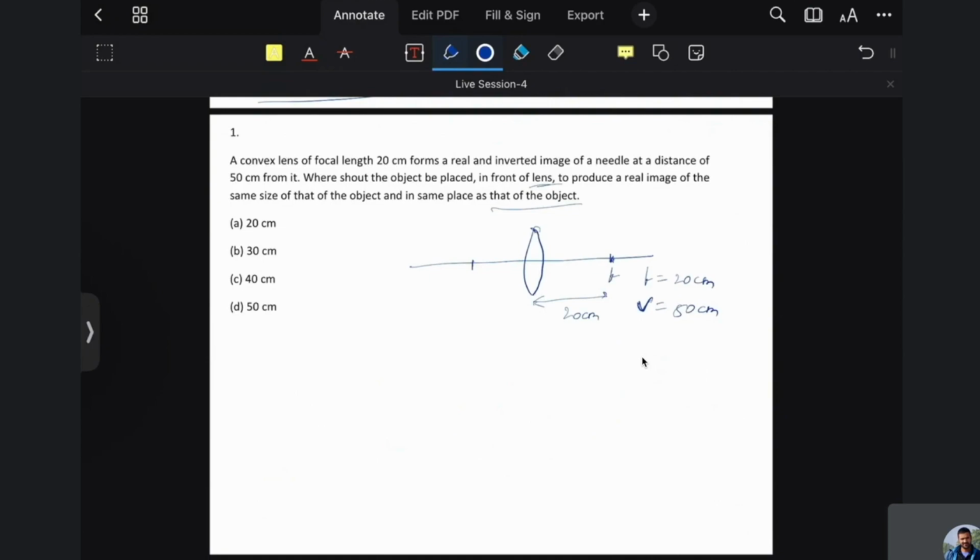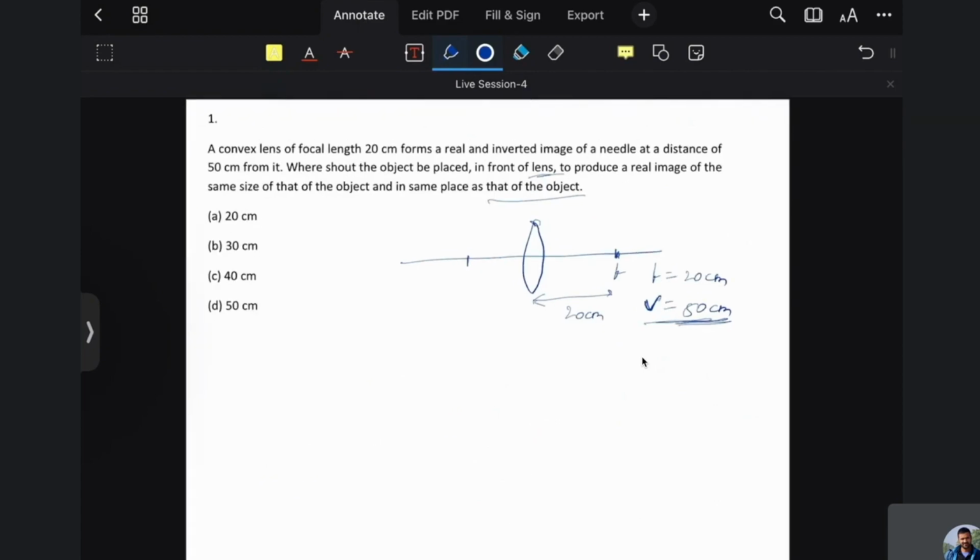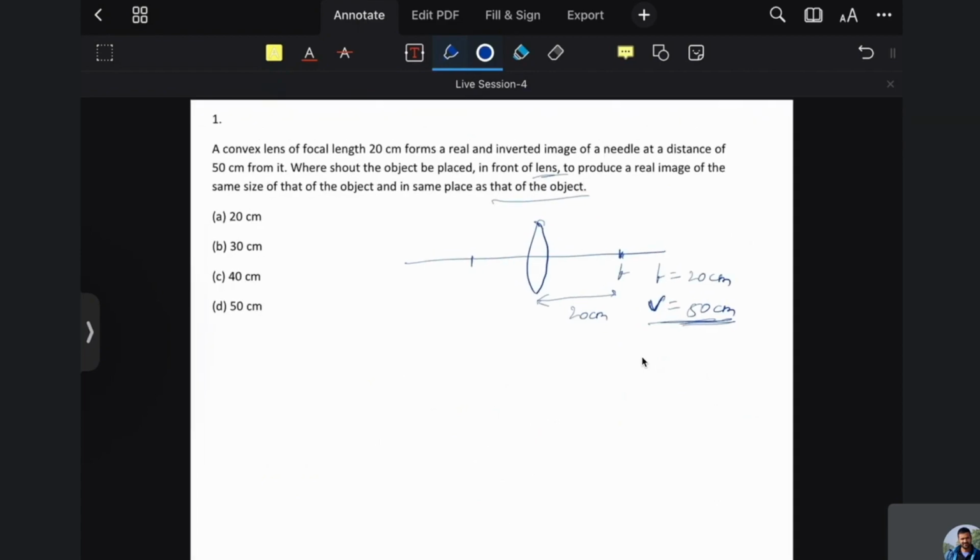But we don't really need this information, because the question is where should the object be placed in front of the lens to produce a real image of the same size as that of the object and in the same place as that of the object.